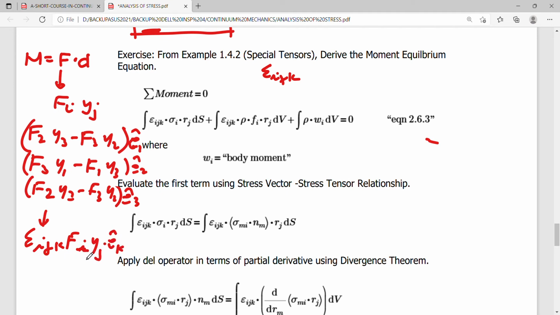So take a look at the format. This comes from the permutation tensor, and it is a determinant operation upon which these three vectorial quantities were derived from. Without going into too much detail, the expression of the moment of a traction vector and the body force is represented here in these expressions.